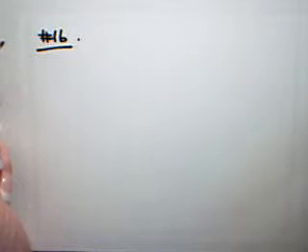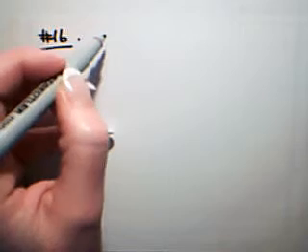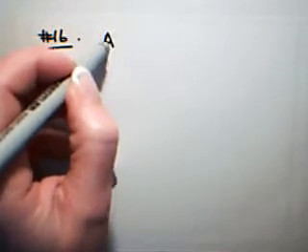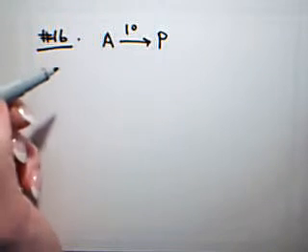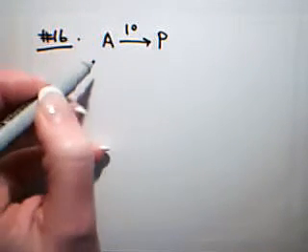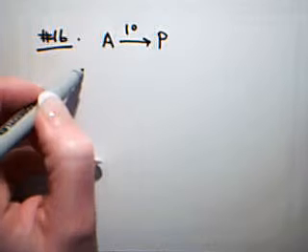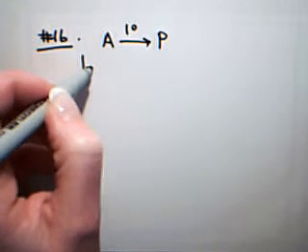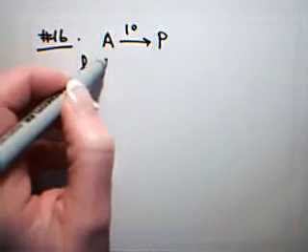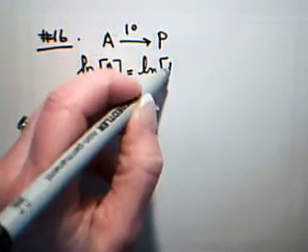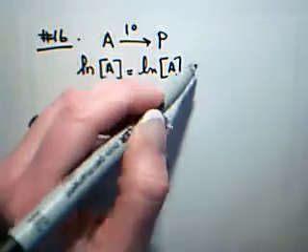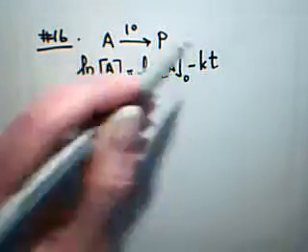And again, if you're doing these questions in order, we've already developed the half-life equation for a first order reaction in which A goes to product. And just to remind you, the rate law for a first order reaction is given as ln[A] equals ln[A]initial minus kt.